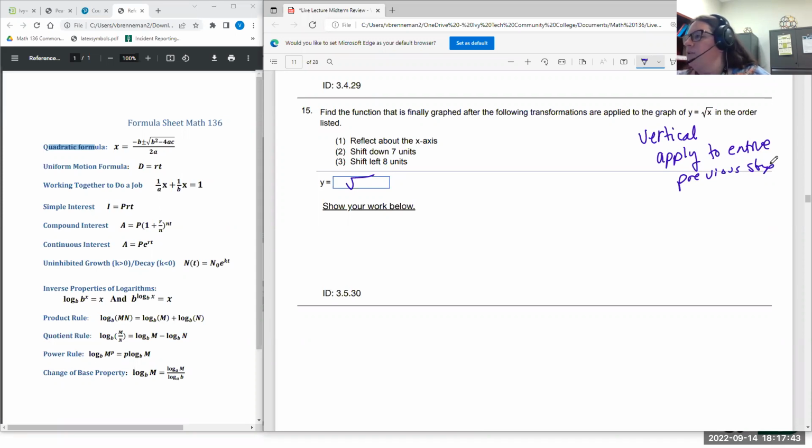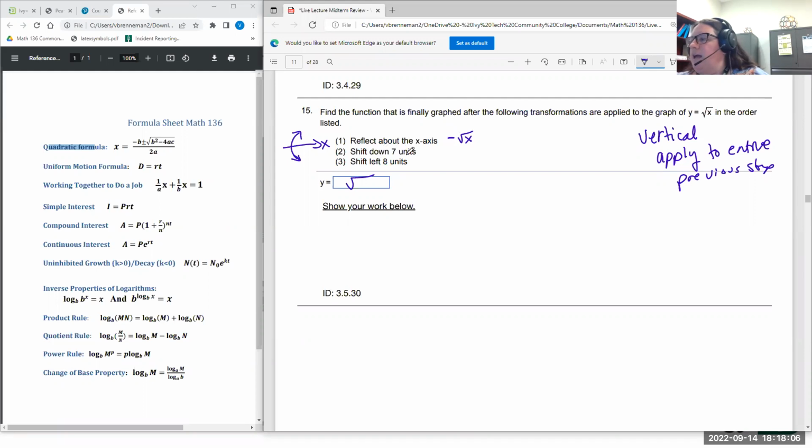So I have this square root. The first step is reflect about the x-axis. So that is, here's my x-axis, and I'm reflecting. That's actually a vertical reflection, even though it's about the horizontal axis. So that's going to change my square root of x to a negative square root of x. Reflection just puts a negative sign. A vertical puts it outside, a horizontal would put it inside.